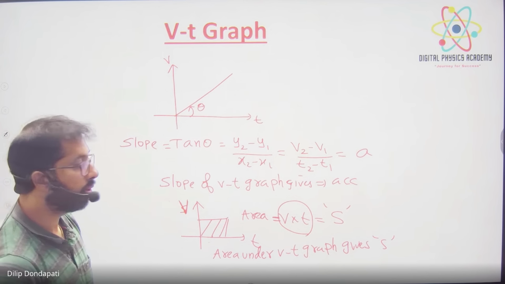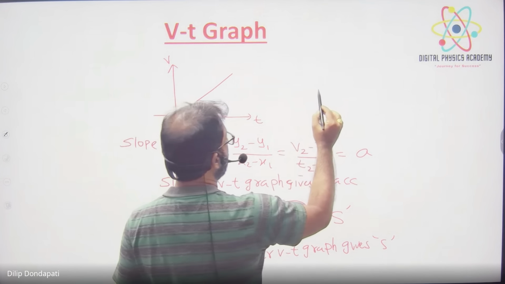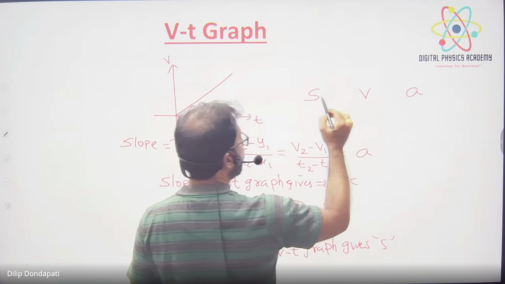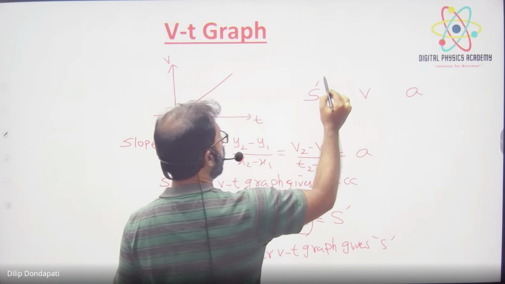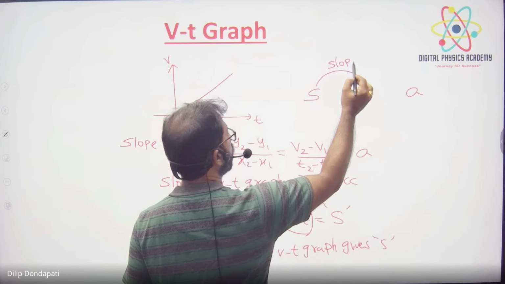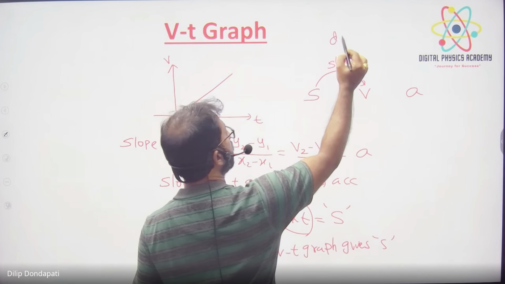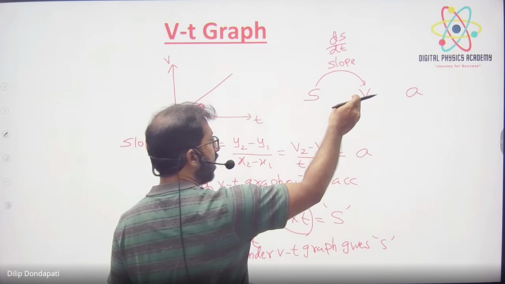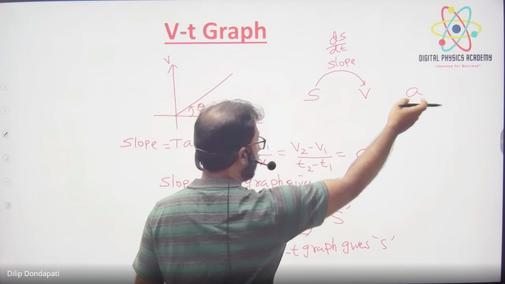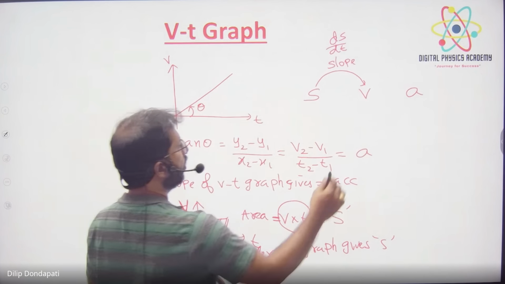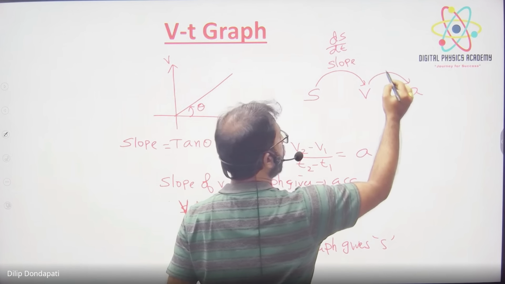So how to remember? Always remember this diagram: displacement, velocity, acceleration. When a displacement time graph is given, how to find velocity? We are finding slope. Slope is nothing but differentiation, ds by dt. Now, when a velocity time graph is given, how to find acceleration? We are finding slope again. So when you're going forward, we have to find slope.